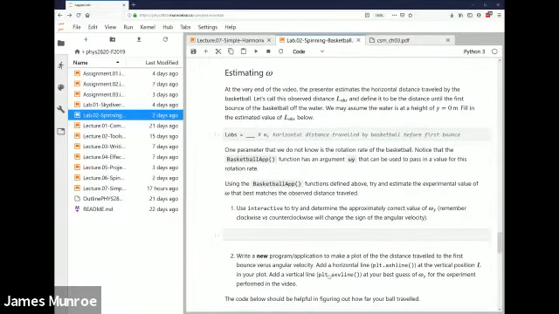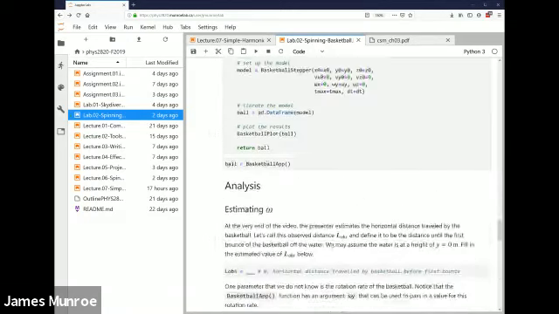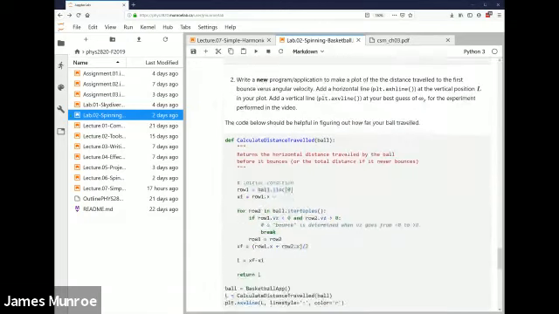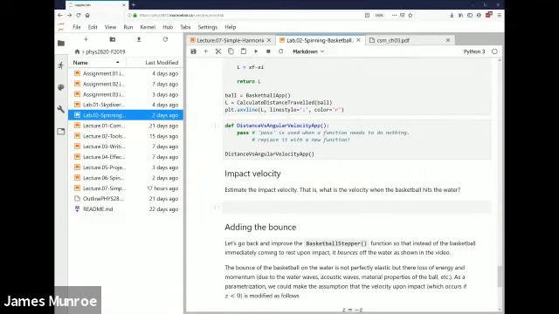One of the things I want you to do is figure out, and this is the problem that we talked about in the video at the end of Tuesday's lecture, we're dropping a basketball off of the Gordon Dam. We're giving it a certain amount of spin, and you see it drifting out towards the water. The question here is to estimate what value of spin you need to give it. So what I want you to do is create a program that figures out the distance traveled as a function of this.